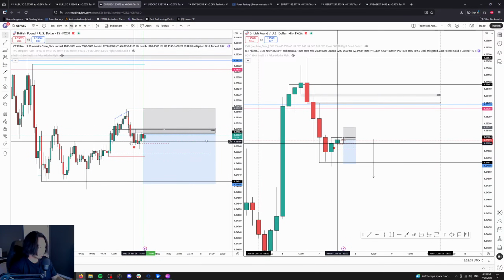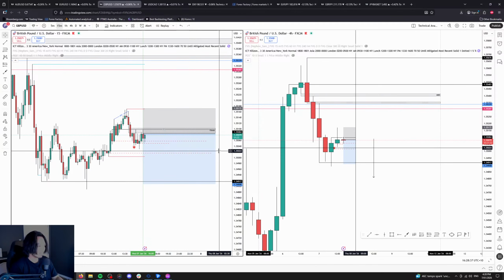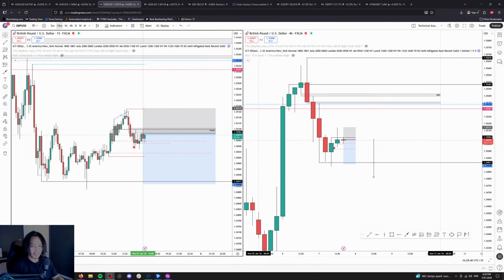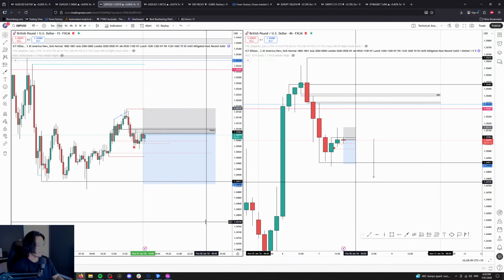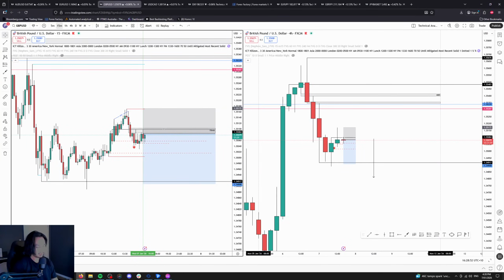Okay, so 1.34908 is my TP. And this is probably all I have for today because I don't see any other potential setups for the moment anyway.